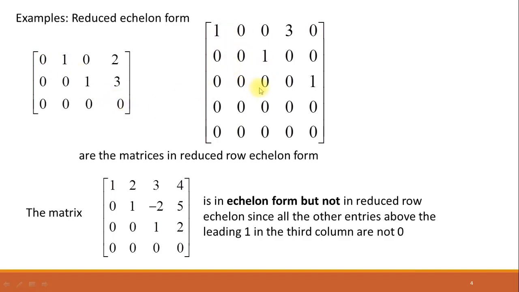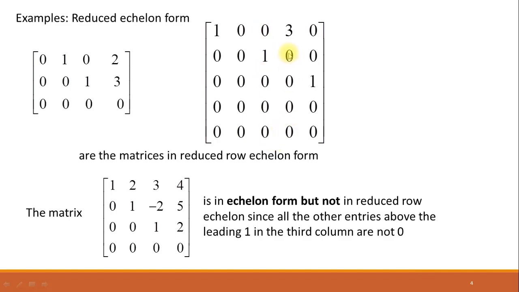Similarly, this matrix is also in reduced row echelon form. This is the first non-zero entry. In the second row, this is the first non-zero entry, and all other entries before it are 0. Similarly, this is the non-zero entry, and all other entries are zeros, and in this row this is the non-zero entry, and in this column all other entries are 0.